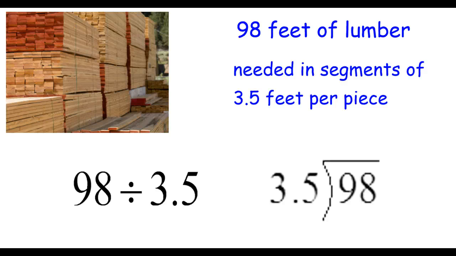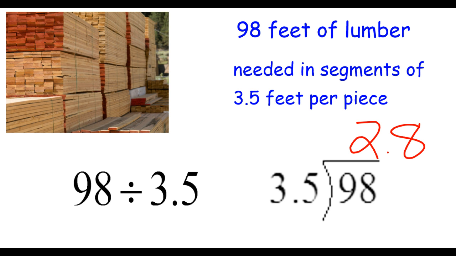Well, if we go through and we actually do this division without making any adjustments for the decimal point, we're going to end up with a number that is completely and totally unreasonable according to what our regular division process is. And in fact, 98 divided by 3.5 would give us, without changing the decimal point, an answer of 2.8. Now, obviously, if it's 3.5 feet per piece, we're not going to have 2.8 pieces make up an entire 98 feet of lumber.